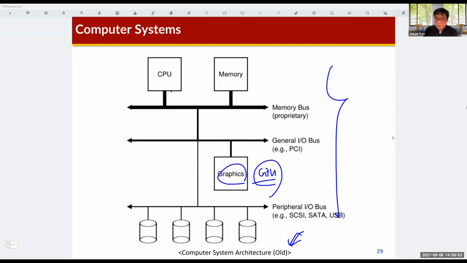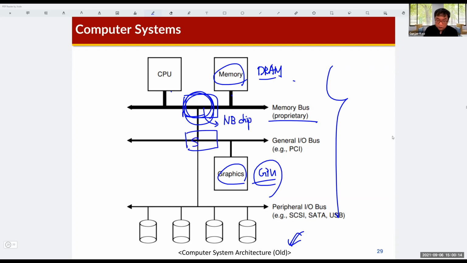So CPUs are connected to memory, like DRAM, via a memory bus. And actually in the previous computer system, there was a north bridge chip, and that bridge chip is connected to a south bridge chip, and the south bridge chip managed data communications between storage systems and many other I/O devices.